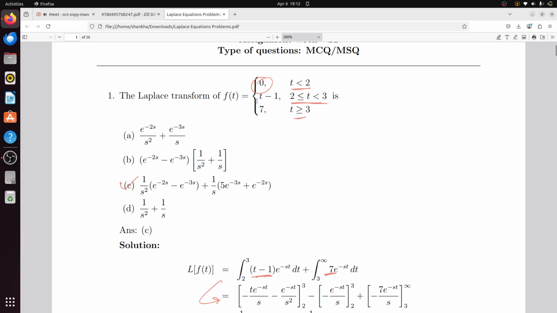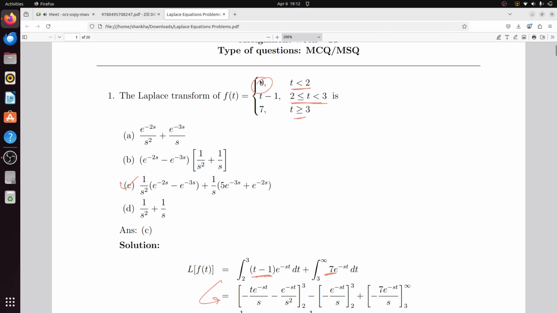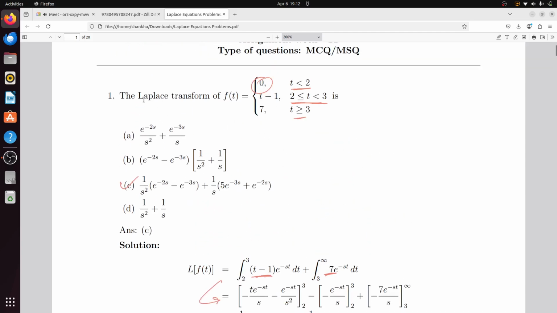Here you are considering the Laplace transformation twice; it has a t square derivative, the first at t equal to 2, the second at t equal to 3. Because 0 has no meaning, this is your first problem actually.